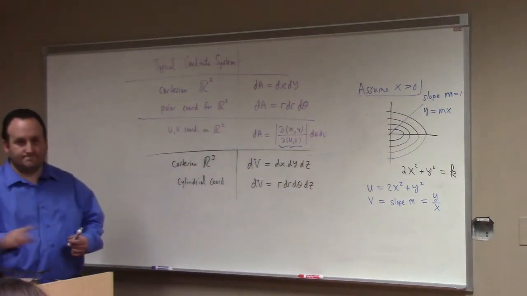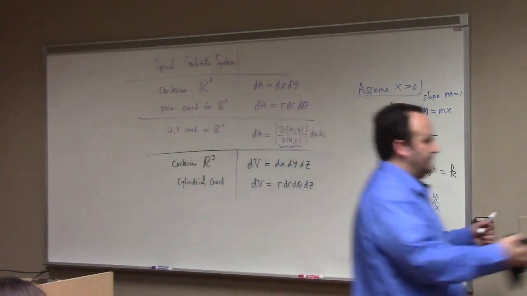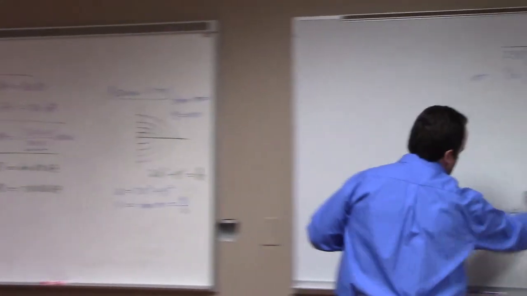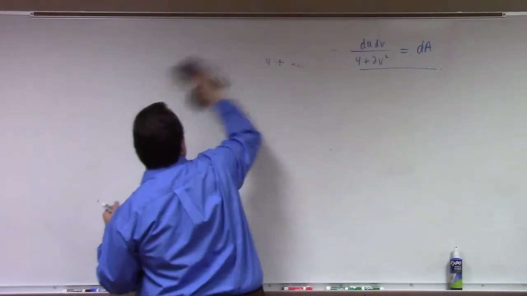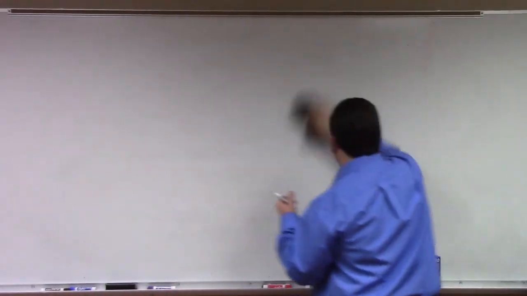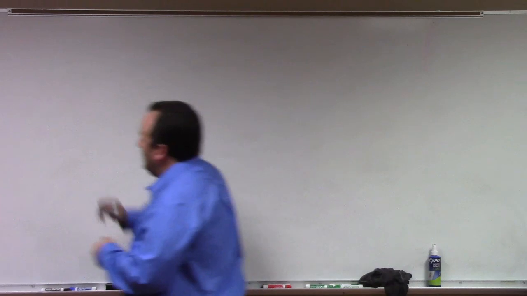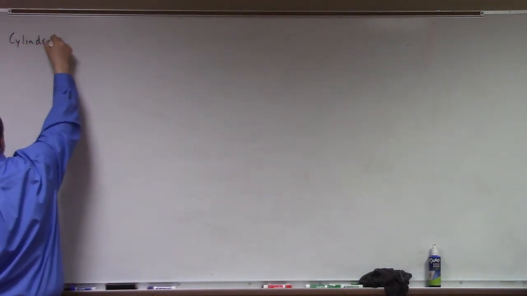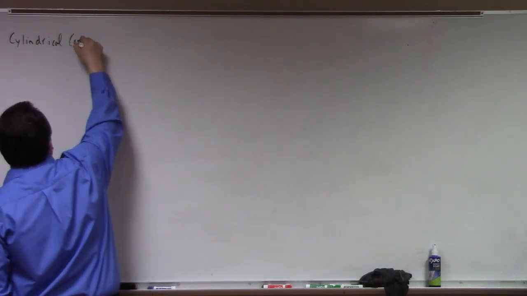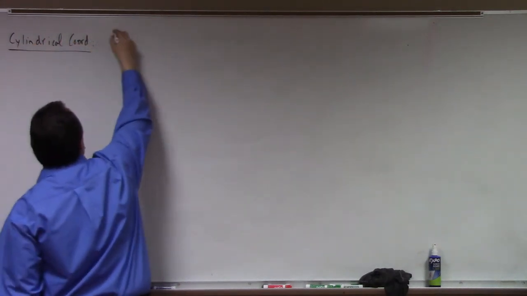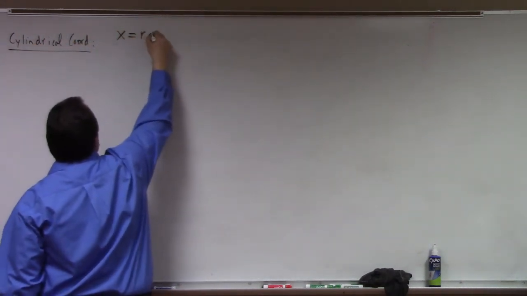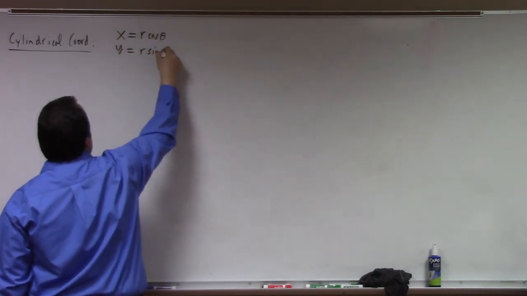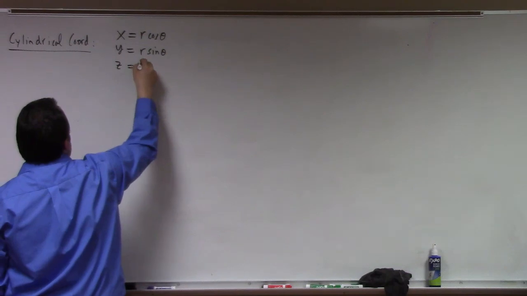All right? Let me work that out. What are the cylindrical coordinate transformations? We have x equals r cosine theta, y is r sine theta, and z is, well, z.